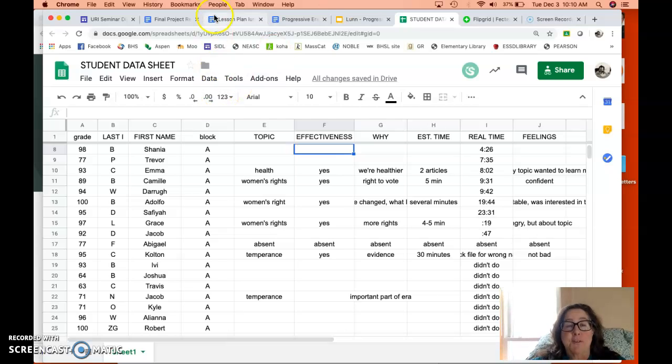Anyway, so what have I learned from this? I've learned that kids are really interesting and they will search in very different ways. I've learned that we really, really need to start this earlier. We need to start in elementary school.